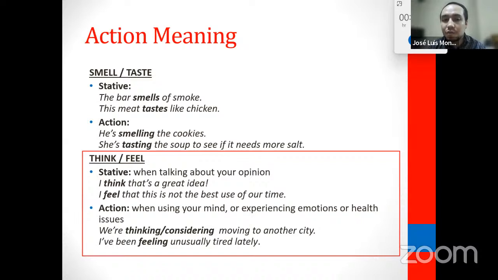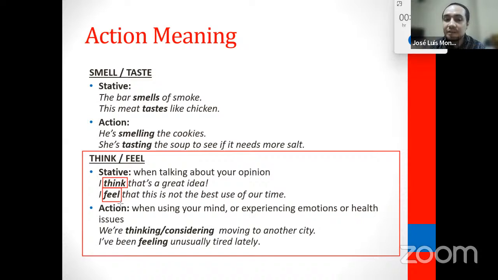So this is the best thing you can do: if you can replace think and feel with believe, then it's a stative verb. I think that's a great idea, or I believe that's a great idea. In that case, think is a non-action verb.